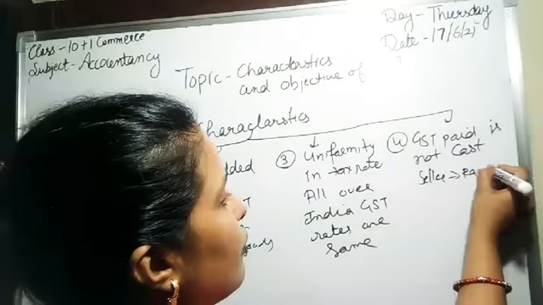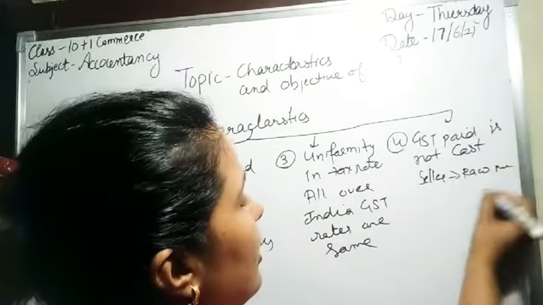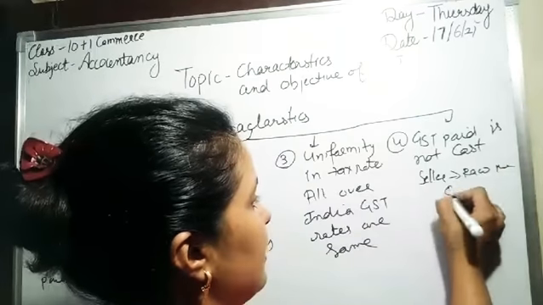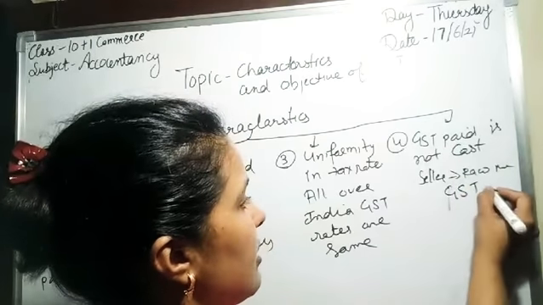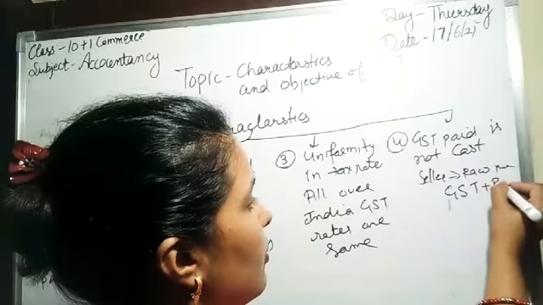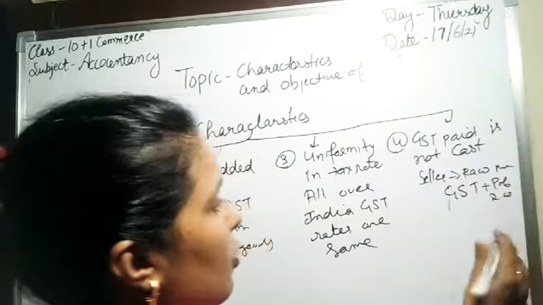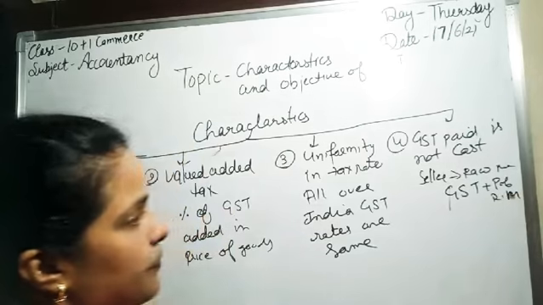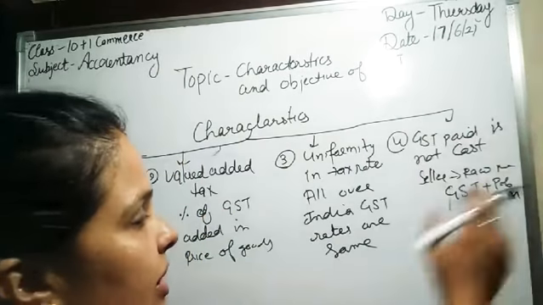If the seller purchases raw material from some supplier, he also pays GST, because GST is added in the price of the raw material. At that time the seller paid the GST.